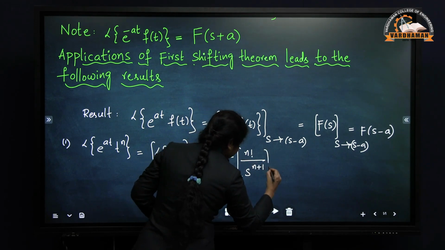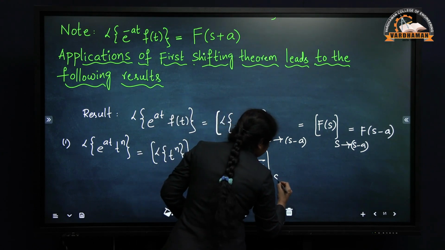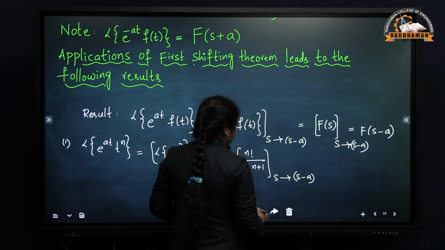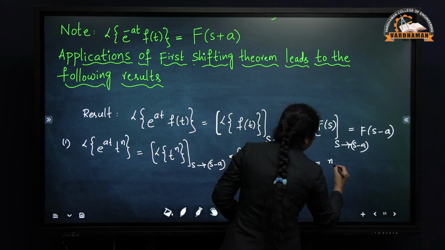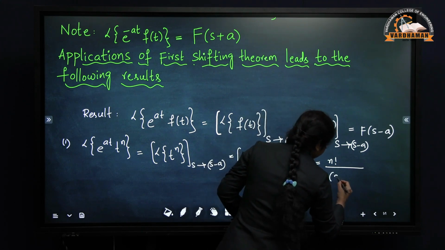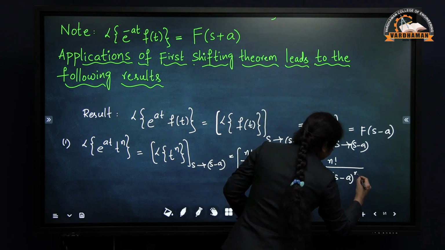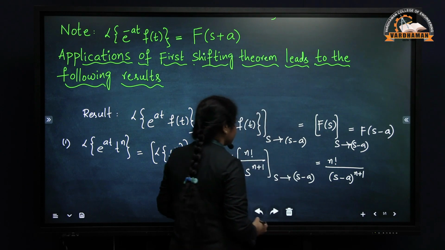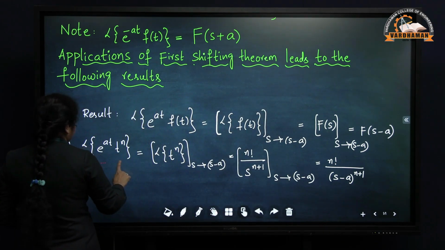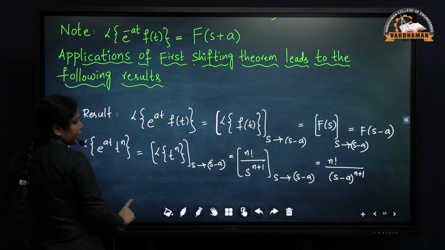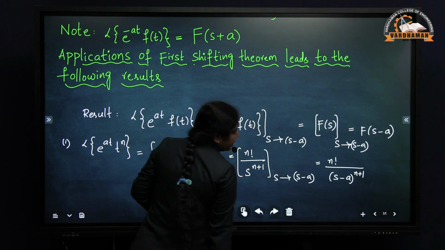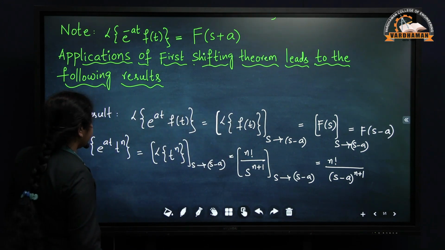Changing s to s minus a, the answer is n factorial by s minus a whole power n plus 1. So this is the Laplace transform of e power at t power n.